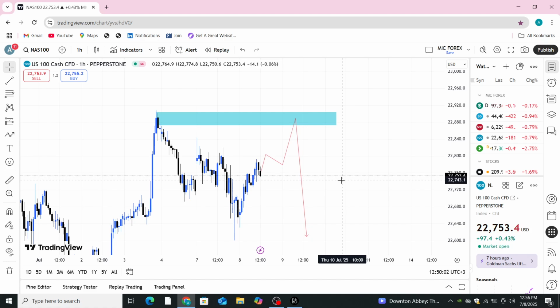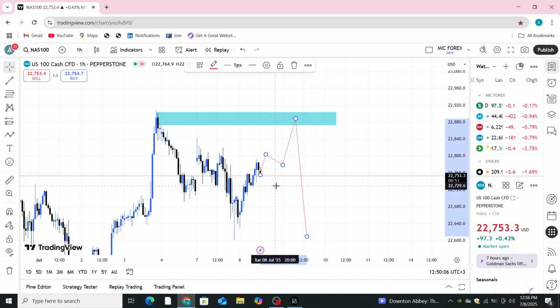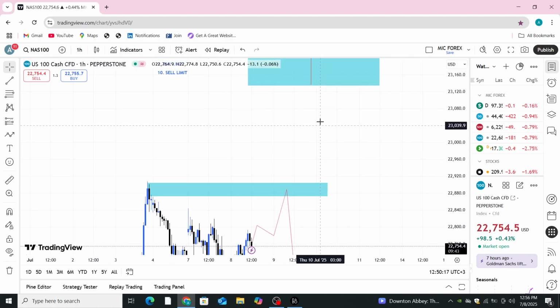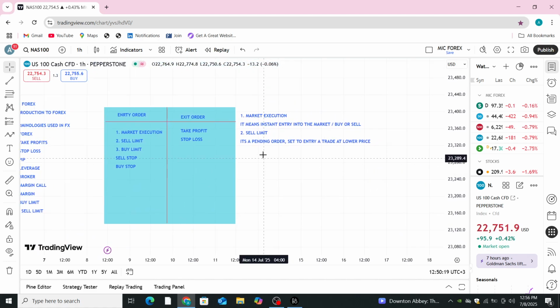This one is sell limit. So it is a pending market order that is set above the current price to enter a trade into sell, and is usually set above the current price. So this one is wrong.